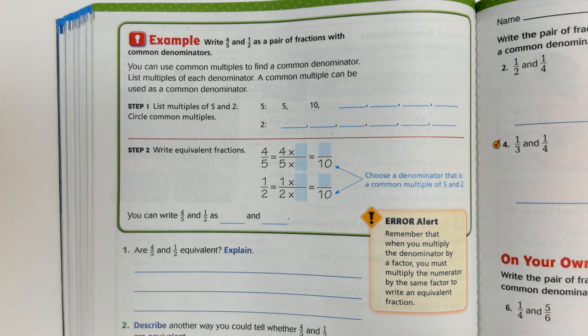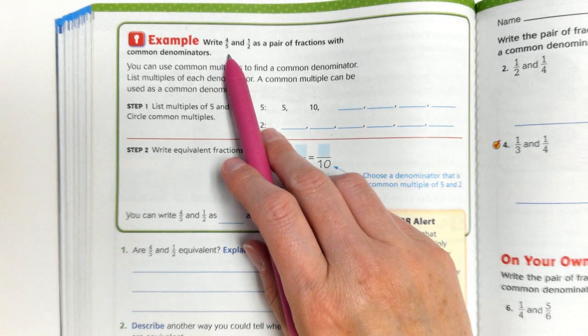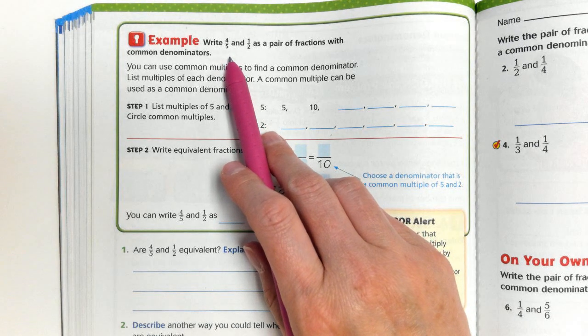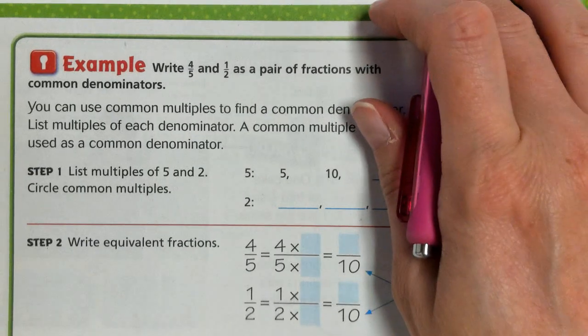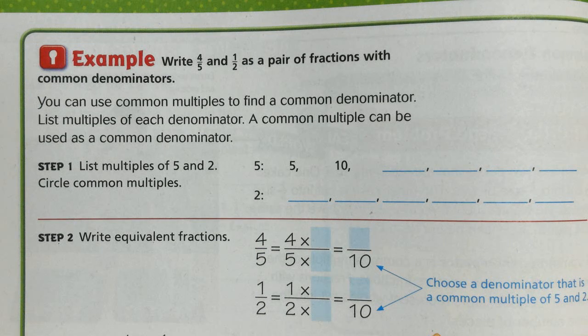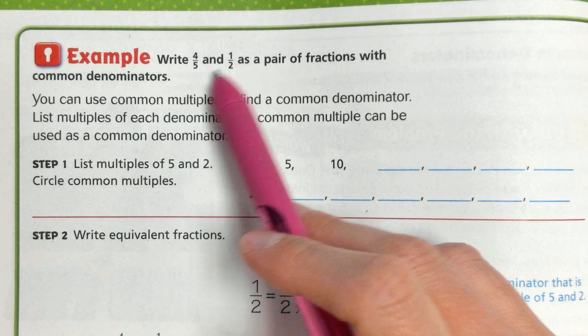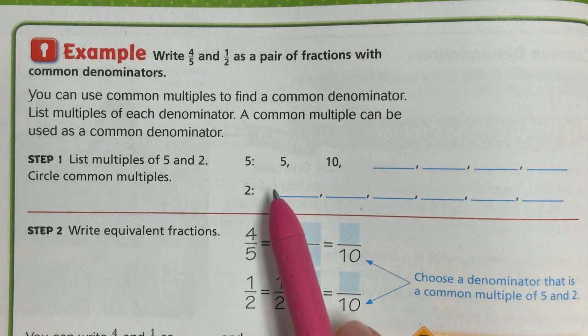Remember, multiples are numbers that I get when I multiply. So, for example, if I want to write 4/5 and 1/2 as a pair of fractions with common denominators, I'm going to start with the multiples of 5 and 2. So let's go with the multiples of 5.